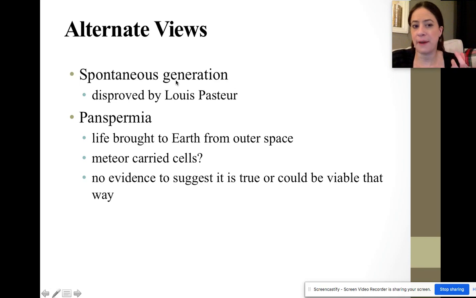Now, what is spontaneous generation? It would ultimately be disproved by Louis Pasteur, but spontaneous generation was a prevailing belief at the time that living things came from non-living things. There's a number of things in science that go against people's beliefs, and they're things that we take for granted today, but it would take a long time for scientists to convince people otherwise.